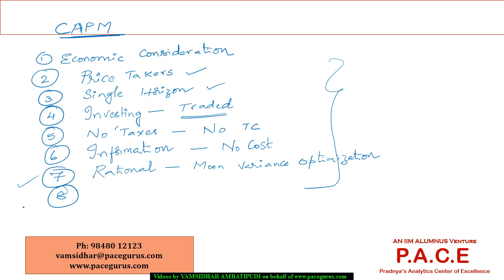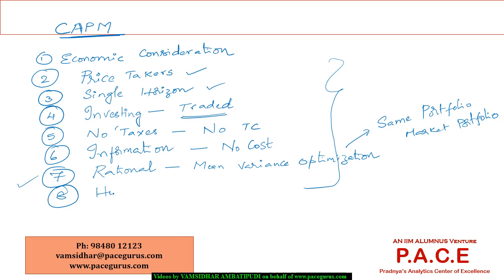It assumes that every investor is rational, and for them mean variance optimization is the model for investment. And in that case, everyone will invest in the same portfolio, and that is what we call the market portfolio. So everyone will invest only in that combination, and all other combinations will not be invested in.